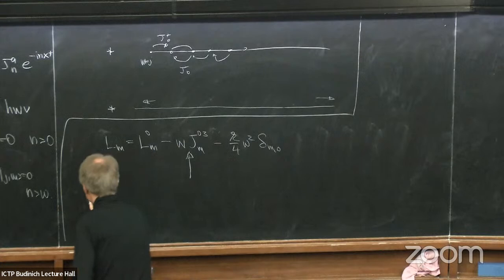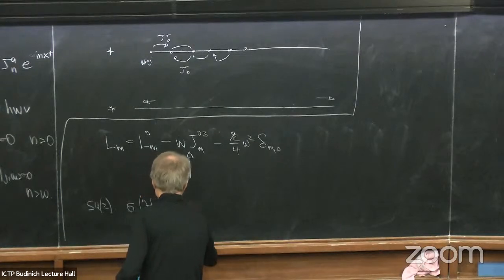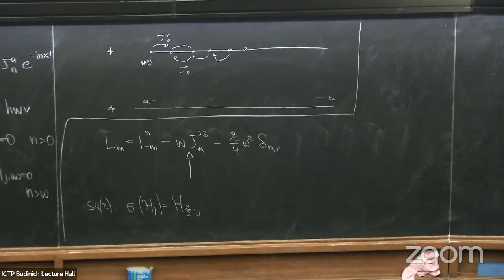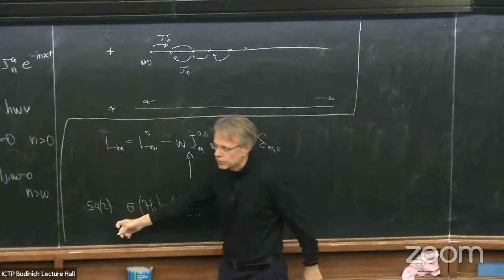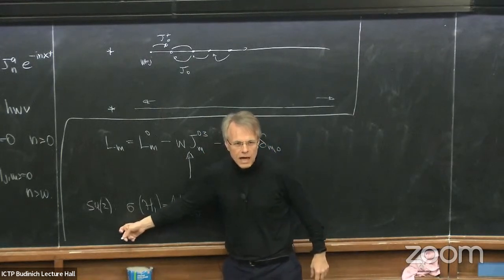For those people who are familiar with this, sigma will map the j-th representation to the representation associated to k over 2 minus j. So it'll just flip around; it's order 2, so sigma squared will be trivial and will map a representation to itself. Sigma squared is inner, sigma is outer.